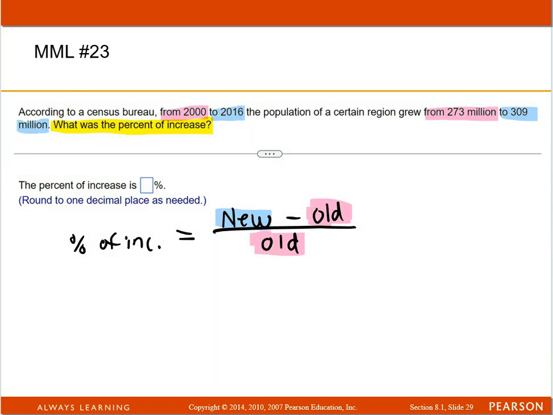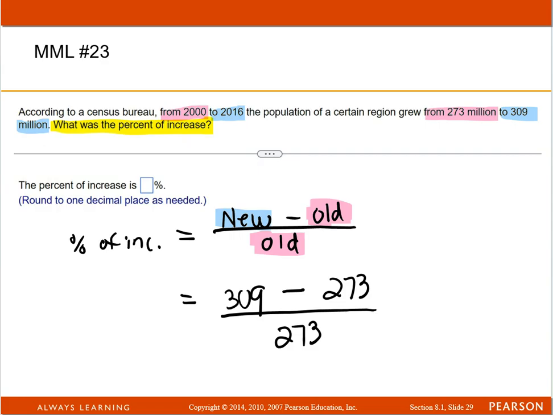And this one's just a flat out calculation. So in blue, we've got 309 million minus 273 million divided by 273 million. Don't worry about the millions because you're doing a percentage here.